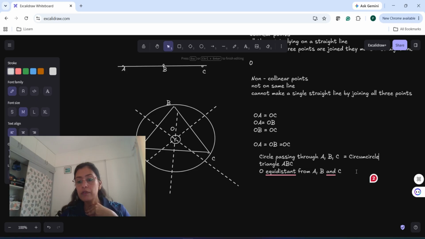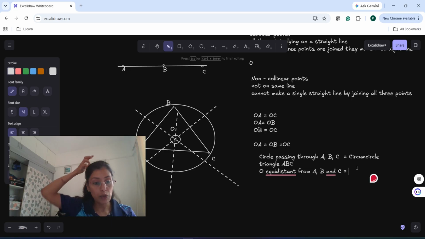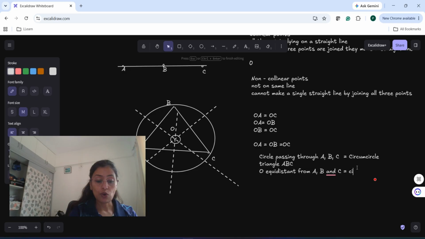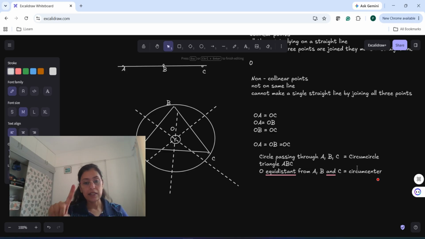O, which is the center of the circumcircle, which is at an equal distance from A, B, and C, that is called the circumcenter of the circle. Okay, so O is the circumcenter, and the circle which is passing through A, B, and C, that is called the circumcircle.